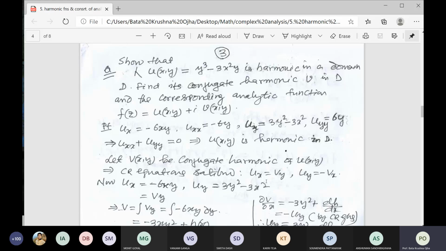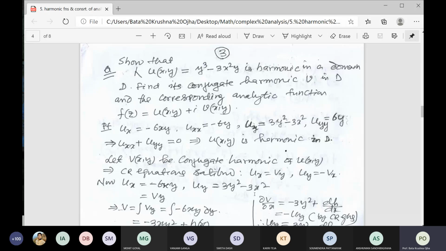It is constructed by using CR, a relation between u and v. So here ux is known. You have already solved this type of question in vector calculus, calculating the scalar potential of functions. So ux = -6xy, and uy = 3y^2 - 3x^2, already known.